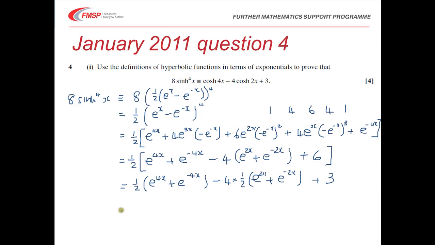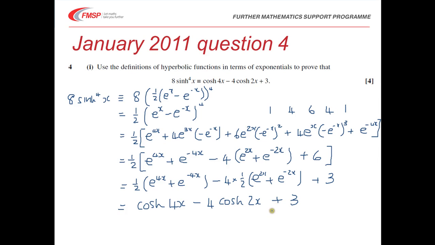And that, of course, is now cosh 4x minus 4 cosh 2x plus 3.